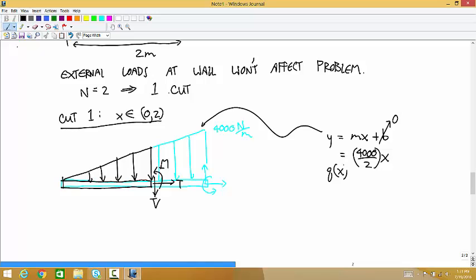So y, which is what we're calling q of x, is equal to 2,000x. And since in our cut, x represents the right side of this beam, x always represents the right side, this is x, and therefore this height is 2,000x.